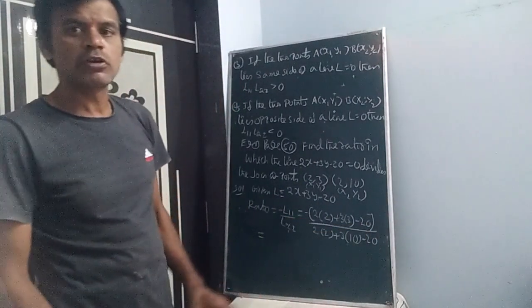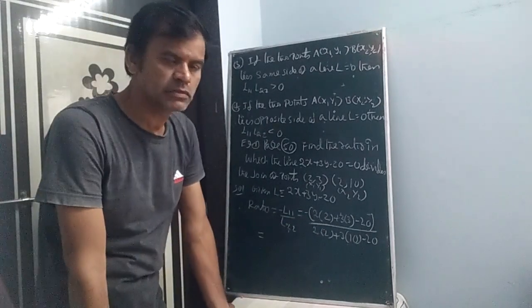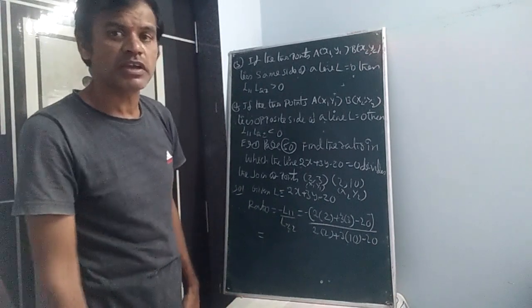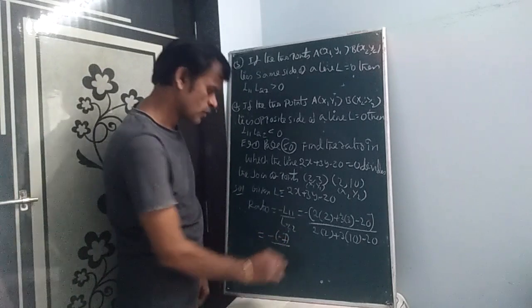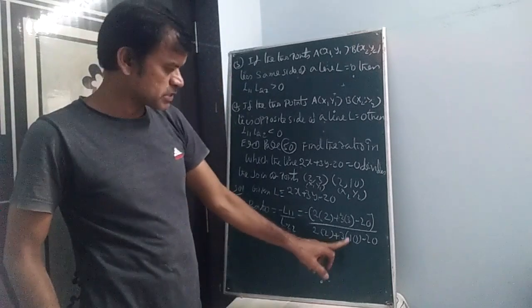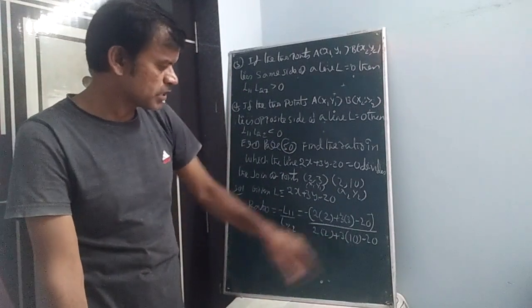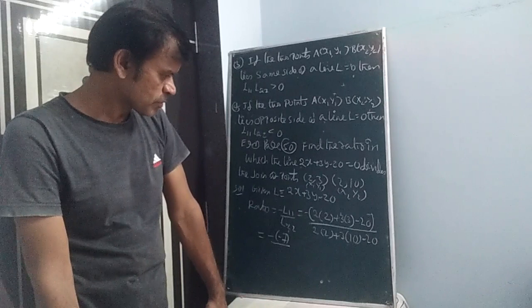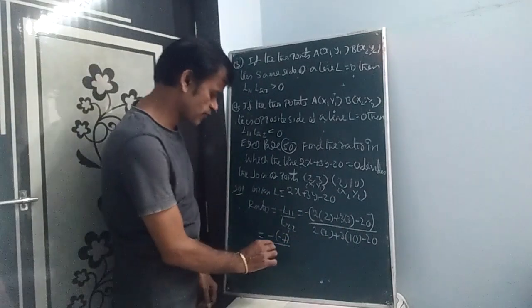Now whatever value you get, calculate. 2s are 4 plus 3s are 9. 4 plus 9 is 13. 13 minus 20 is minus 7. Of course in the numerator minus is there. So minus of minus 7, whole by this: 2s are 4 plus 3 10s are 30. 34 minus 20, so it is 14.